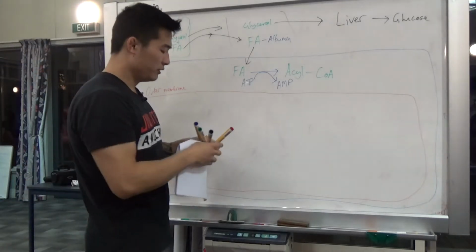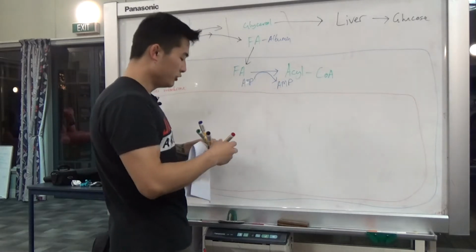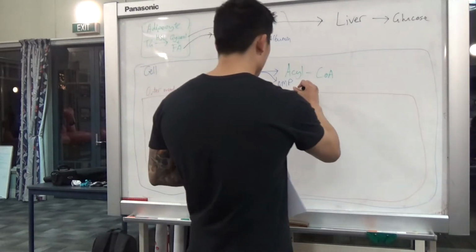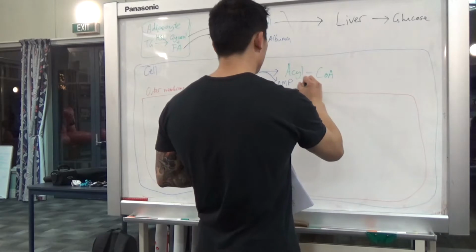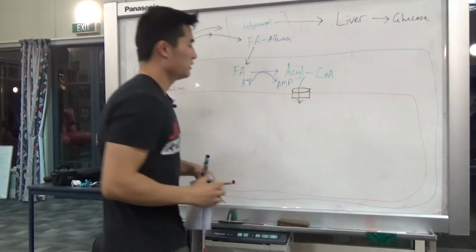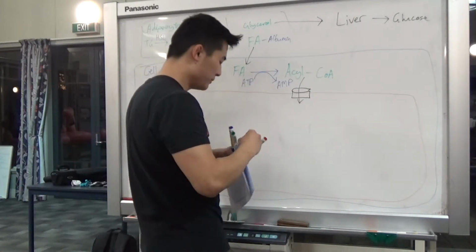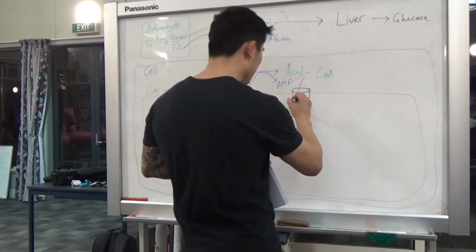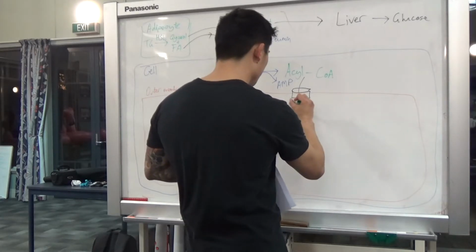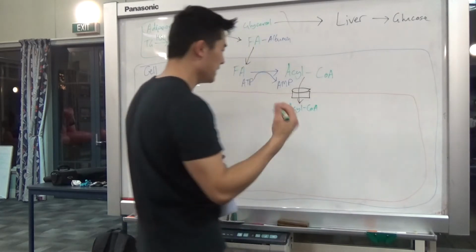And so it's permeable. It has a protein, a transporter on the outer membrane, which will let the acyl-CoA come in through the outer membrane. So we have our acyl-CoA, which has come in.